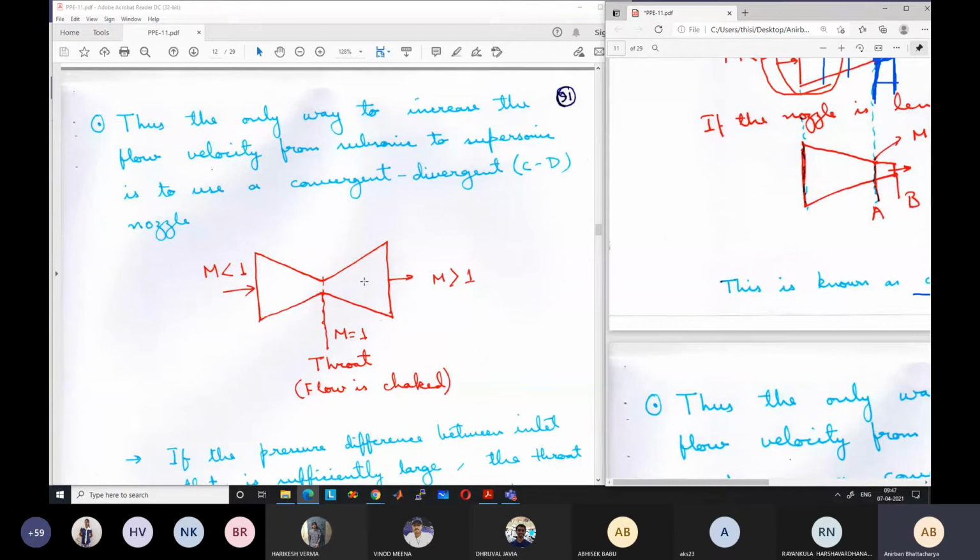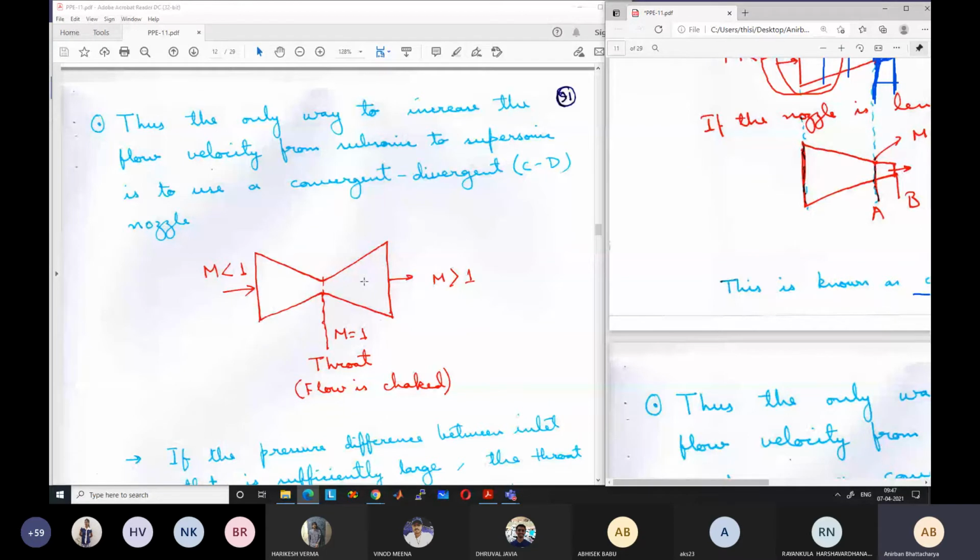That divergent section is actually not a diffuser, it is a nozzle, because the flow is highly supersonic, hypersonic there, so it acts like a nozzle although the area is increasing. There is a convergent portion of the nozzle which is not visible to us, inside the engine. Only the divergent portion is visible. You can easily Google this and see also.